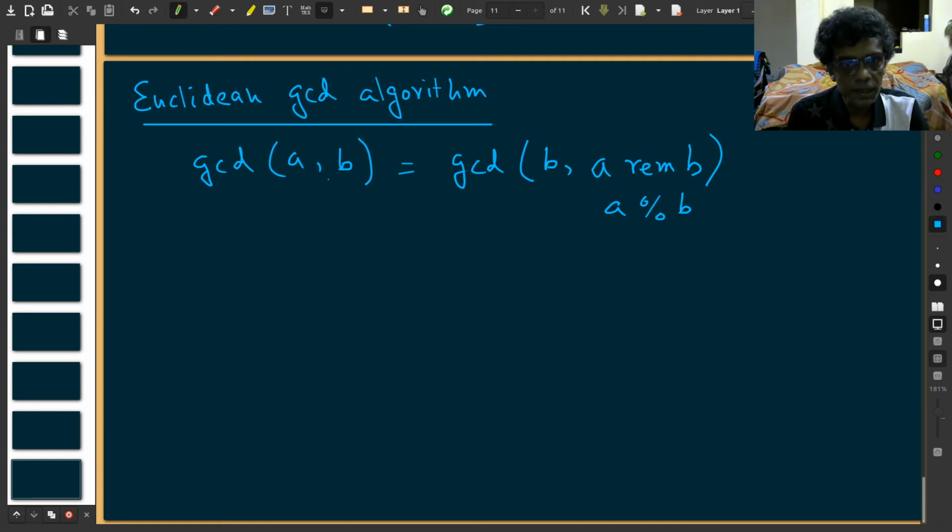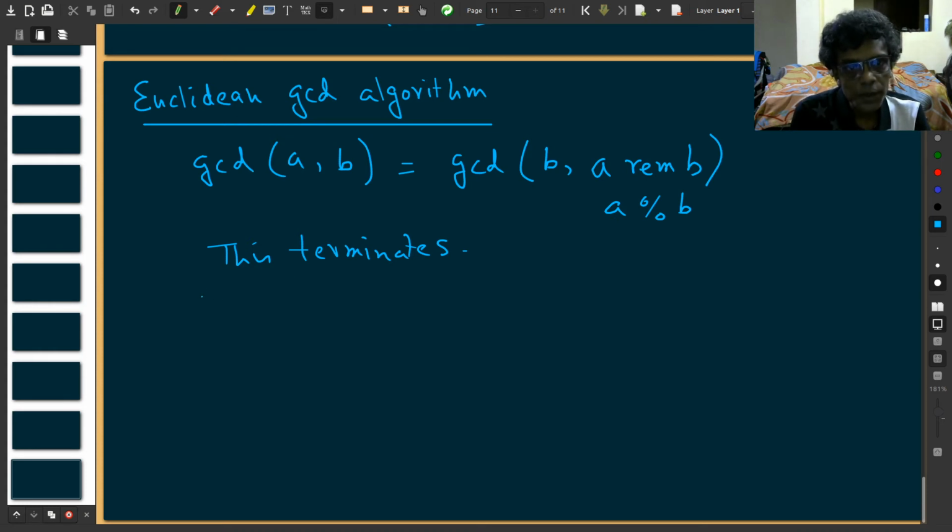So it apparently says that you can have at most B iterations, but in reality the number of iterations is much less. But anyway, this terminates, because the second component keeps on reducing.